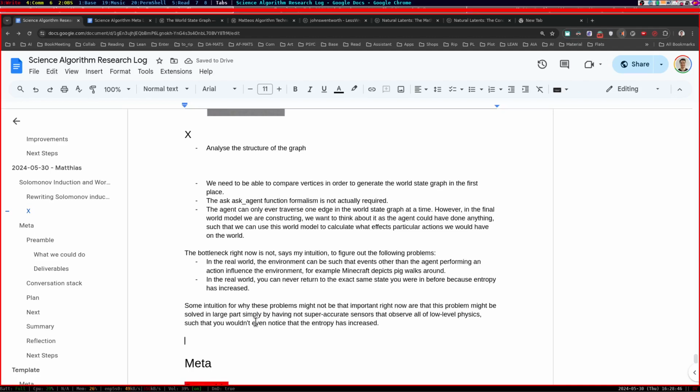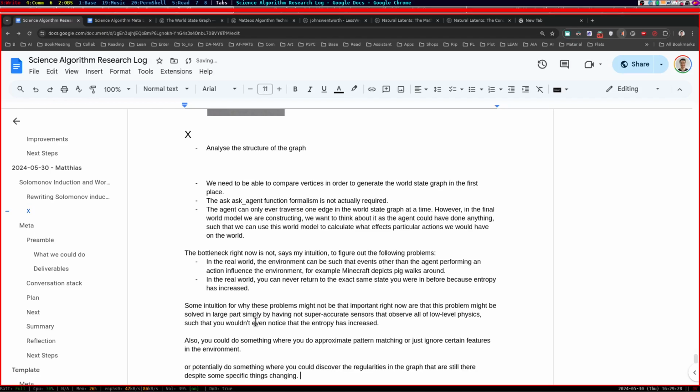Also, you could do approximate pattern matching or just ignore certain features in the environment, or potentially discover the regularities in the graph that are still there despite some specific things changing. For example, if we had a grid world with an additional variable which would just increase by 1 for every time step, instead of a 2-dimensional lattice, we would now have a 3-dimensional lattice.